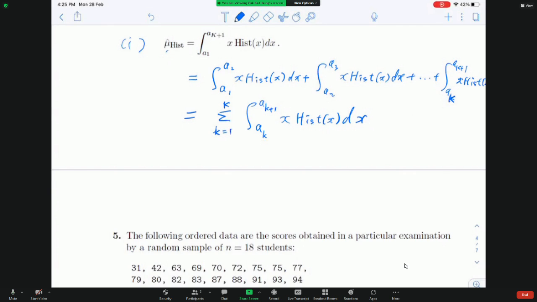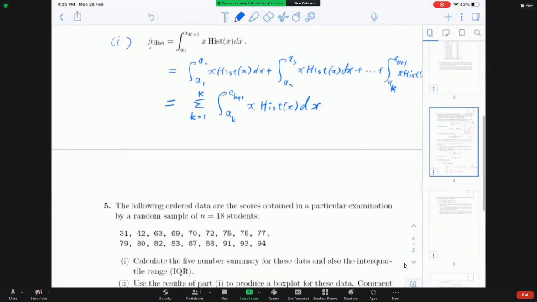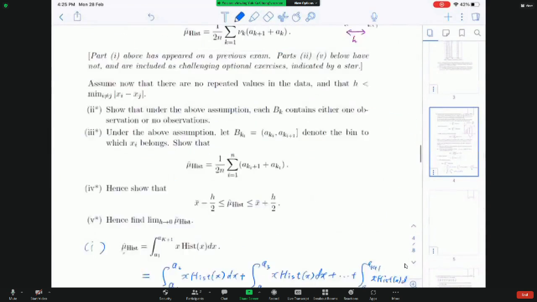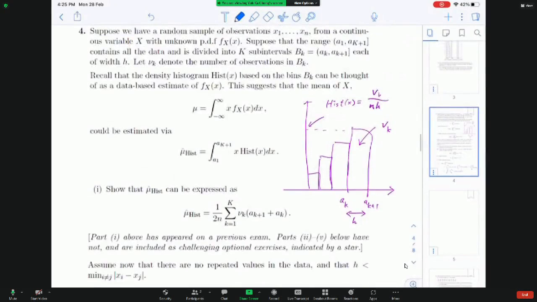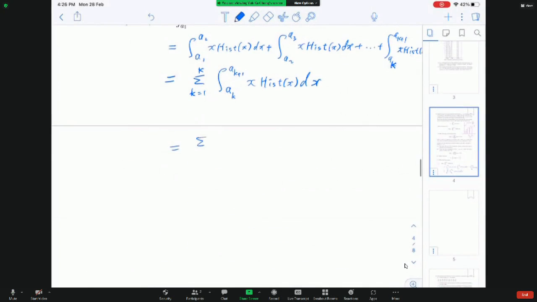For the histogram of x within this class, according to the formula I just explained, it will be equal to Vk divided by n times h, and then dx.